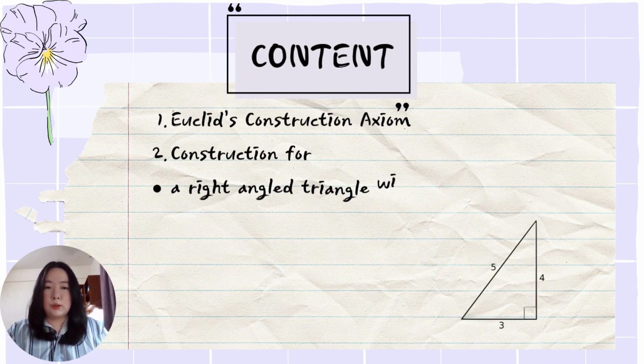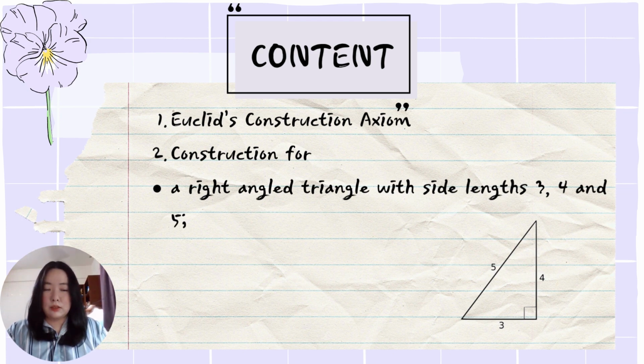The first part will be on Euclid's construction axiom, where we will be discussing the background and history on the origins of Euclid's construction axiom. For part 2, we will be focusing on the construction for geometric shapes. First of the geometric shapes we will be constructing is a right angle triangle with side lengths 3, 4, and 5.